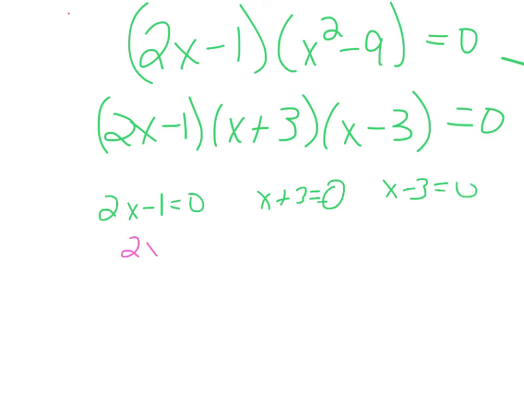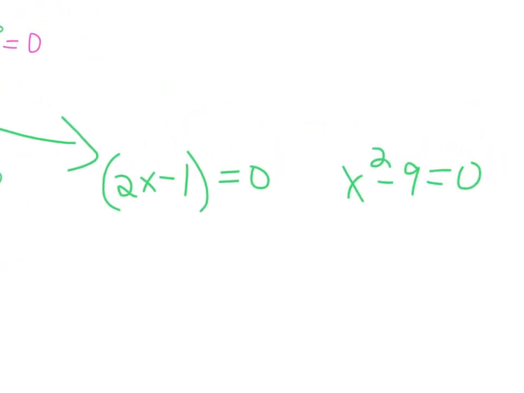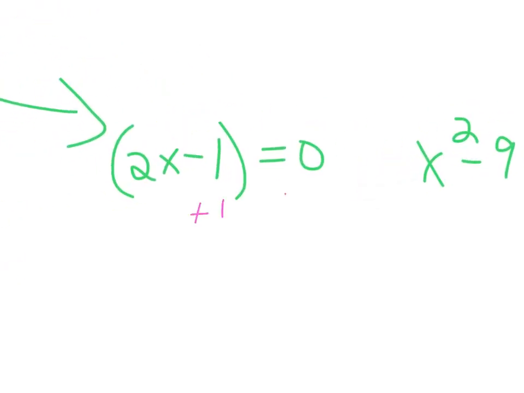Solve this. 2x equals 1, right? So x equals 1/2. Agreed? Okay, so here x equals negative 3, and here x equals positive 3. If I do it this way, I'm going to add 1 to both sides. So 2x equals 1, divide by 2, x equals 1/2.